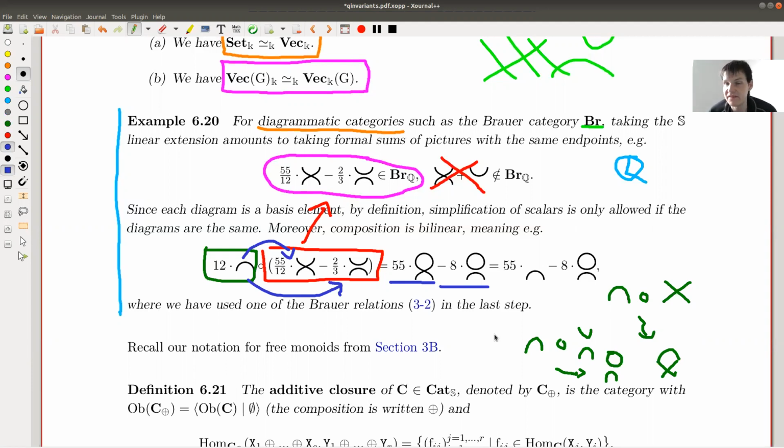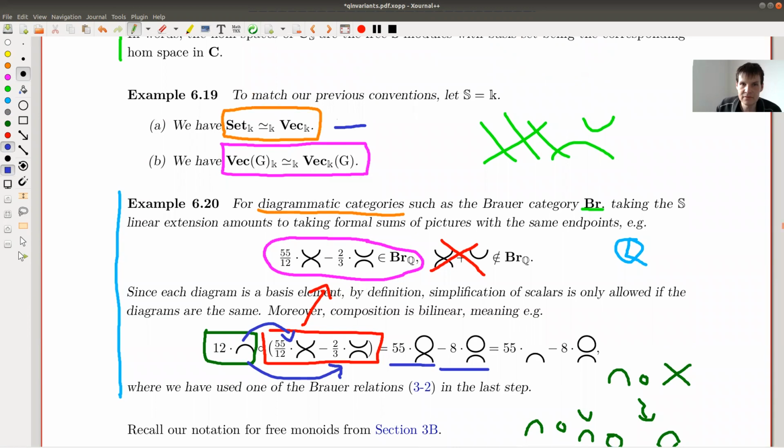That's it. This is another vector space. Nothing fancy happens. If you understand this example, then you're good. And you can do this for any category. All properties are basically preserved. So if your starting category is ribbon, then your linearized category is still ribbon. It's a pretty good concept.